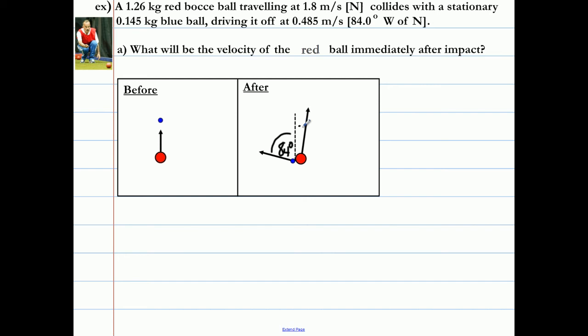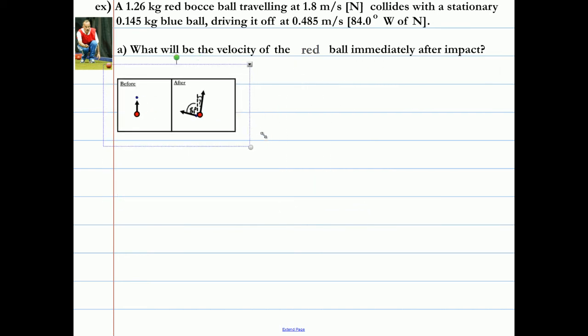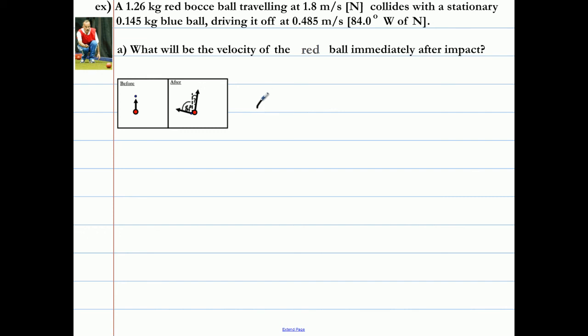So there's the 84 degrees west of north, and that direction is part of the velocity calculation of the red ball. So because this is a 2-dimensional momentum question, we're going to need to deal with the x components and the y components separately. So starting with the x components, we've got the initial x momentum is 0.